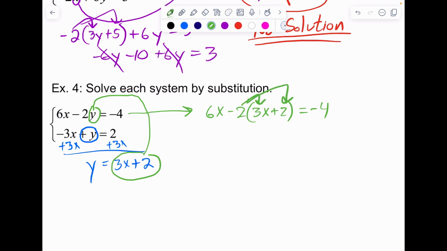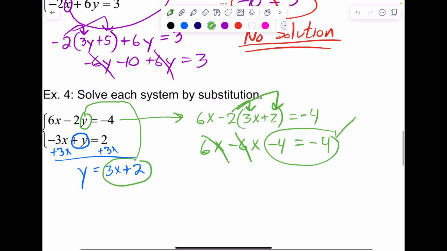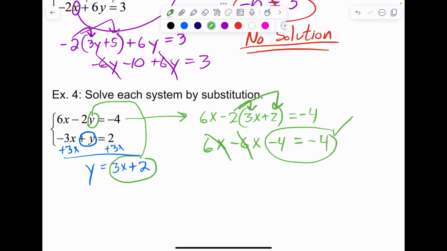When I distribute, I once again notice in this example that the variables will cancel, but in this case, this is a true statement. So when the variables cancel and you have a true statement, you have what's called a consistent dependent system. That means that it's the same exact line.